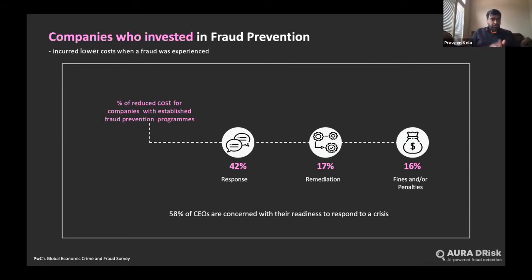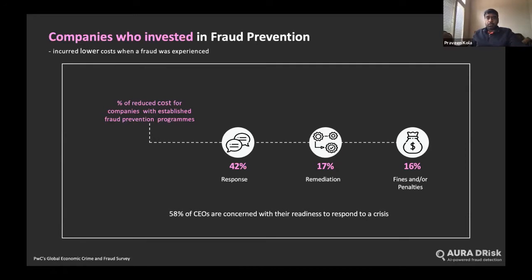There is a 42% decrease in the cost of responding to a fraud, because there are a lot of false positives and false negatives. You don't know which one is a good transaction and which one is bad, and a lot of cost is incurred during that time. That is reduced by 42%. The second one is remediating: once you understand how fast you can act on it, there's a 17% reduction in cost there.